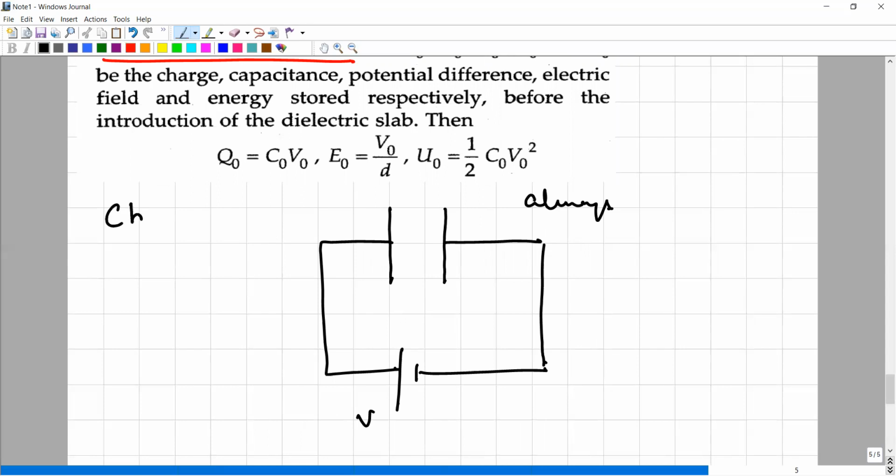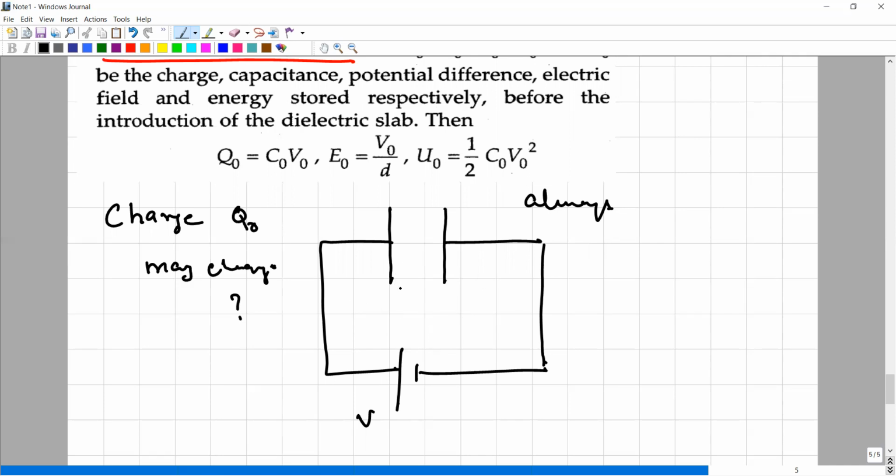The charge Q naught in this case may change. And why may it change? Because the capacitor is connected to the cell, and the cell is a kind of reservoir of charge. Huge amount of charge is there in the cell. So the cell can provide any amount of charge to the capacitor whenever required.